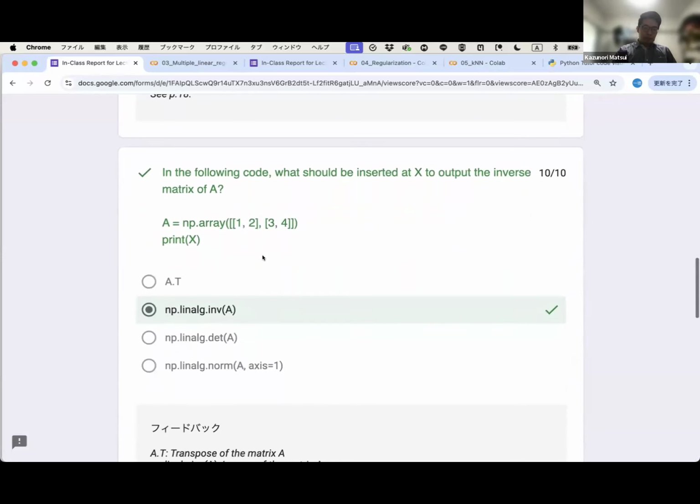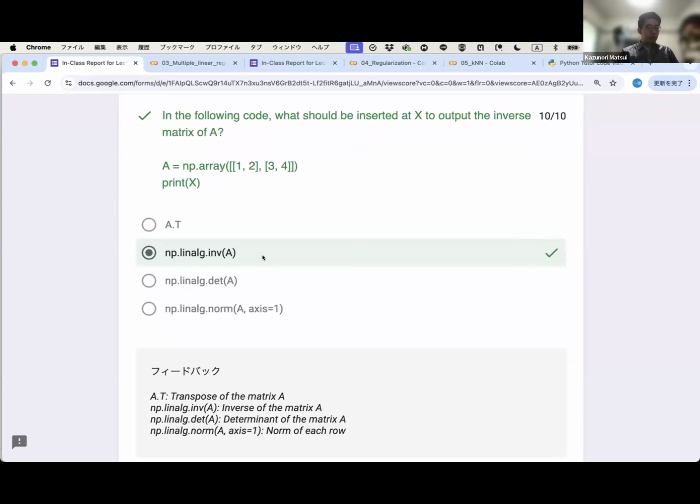Okay, next one. For the Python code problem, as written in the feedback, A dot T is the transpose of the matrix A. np dot linalg dot inv A is the inverse of A. np dot linalg dot det is the determinant of A. Finally, np dot linalg dot norm with axis equal to 1 is a norm.